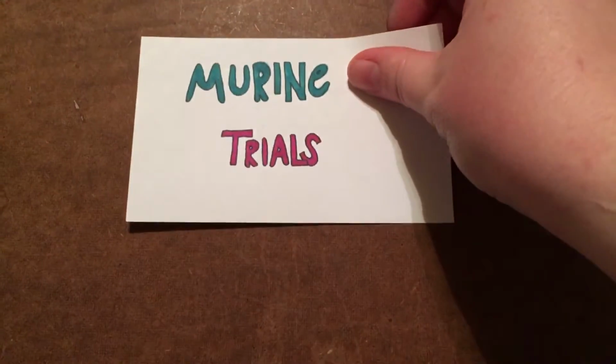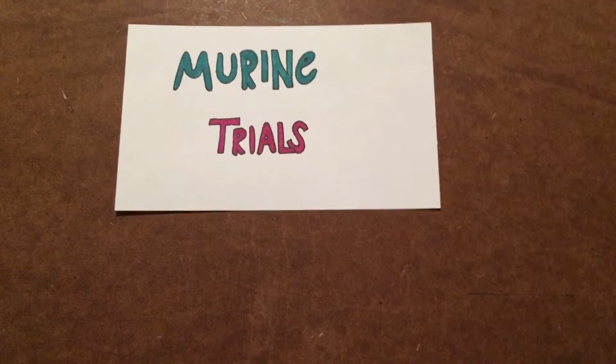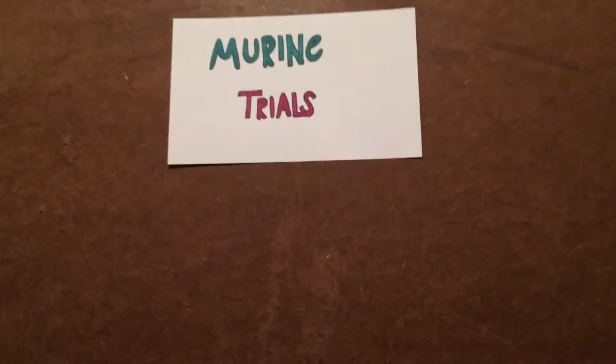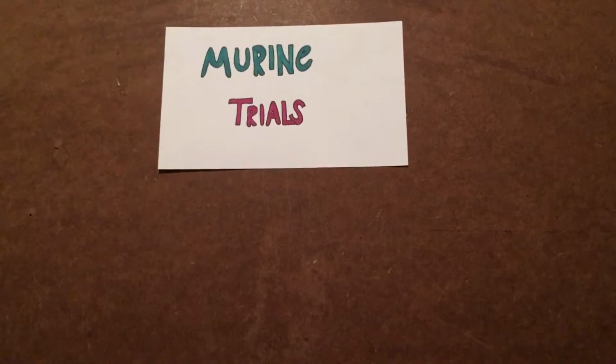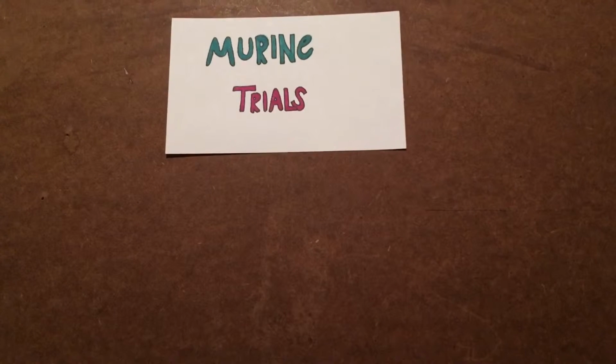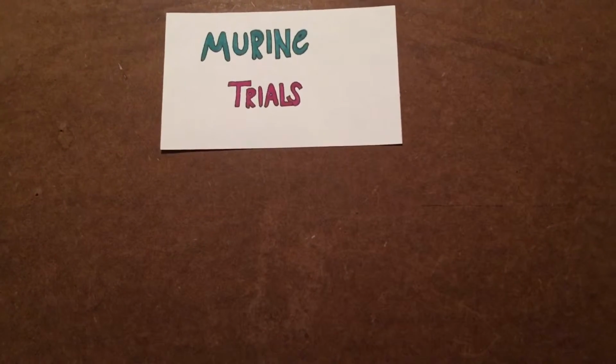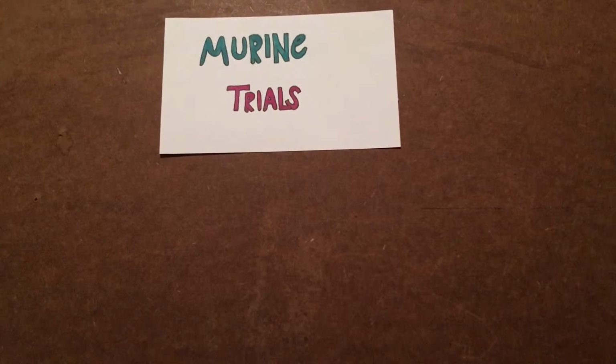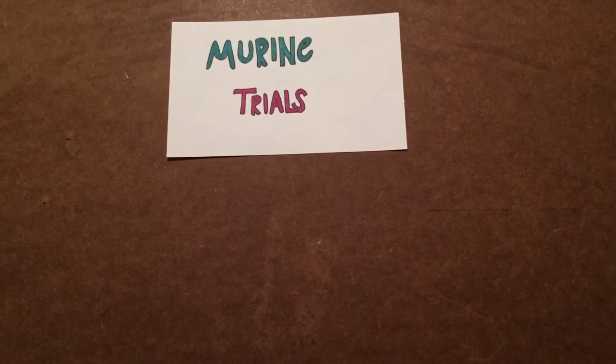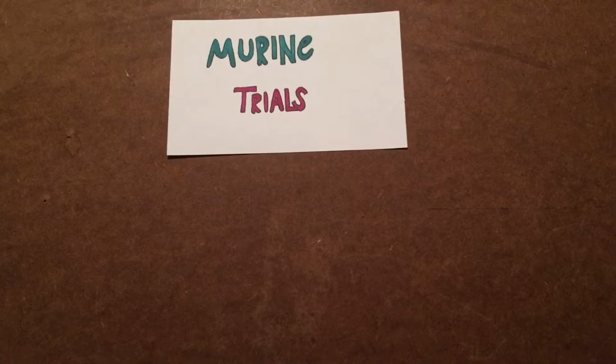One thing I noticed when I first started studying science in college was the vocabulary, and we talked about that a little bit already. When I was doing research for my first research paper in college, I was trying to read this article, and I kept coming across the phrase murine trials. I didn't get very far because I had no idea what this phrase meant.